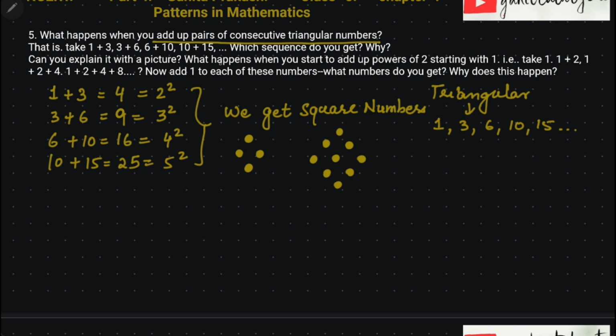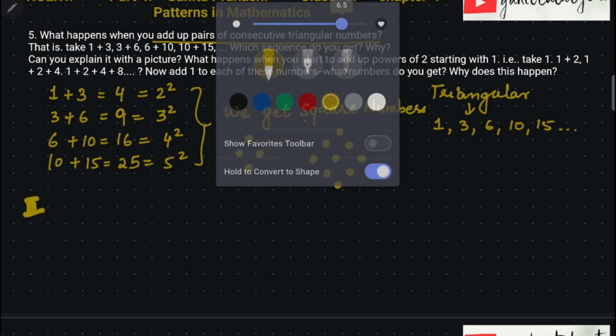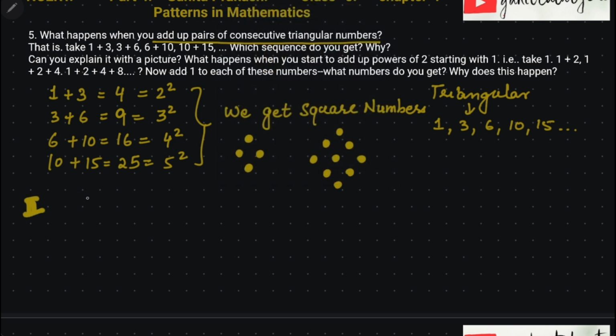Next, what happens when you start to add powers of 2 starting with 1? So we take 1. So this is the second part. So 1. Next is 1 plus 2, which is equal to 3. Next is 1 plus 2 plus 4, 7.